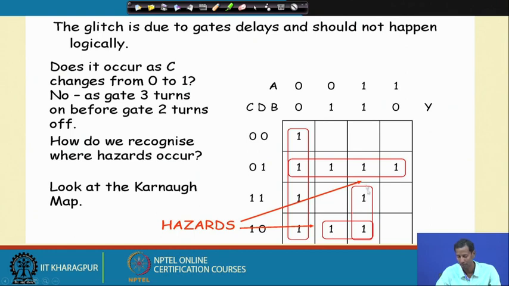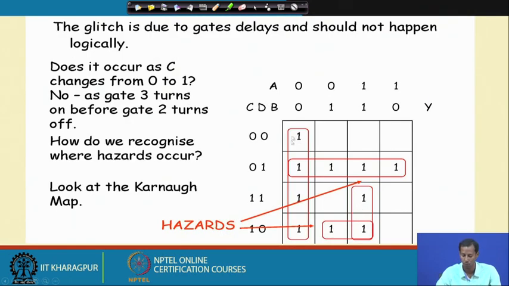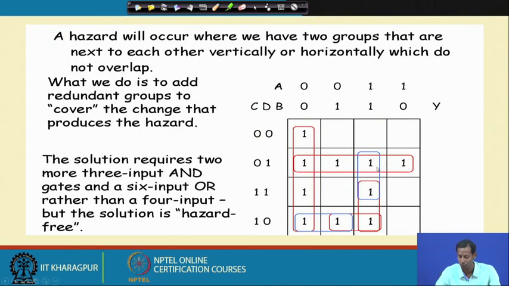This particular term, that means this expression, is basically creating the hazards. So, to reduce that, what do I have to do? I have to take here, so that all the ones are covered. This is the minimal logical expression you can take from the Karnaugh map, right. But if you take another extra term, that means another extra combination, this particular glitch will be minimized.